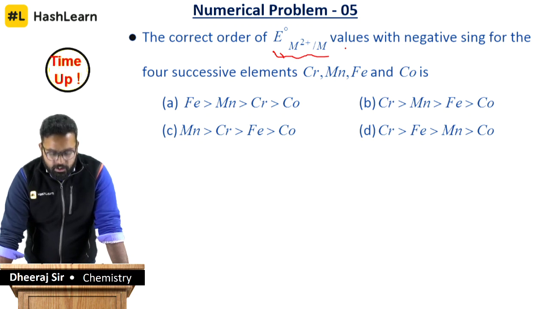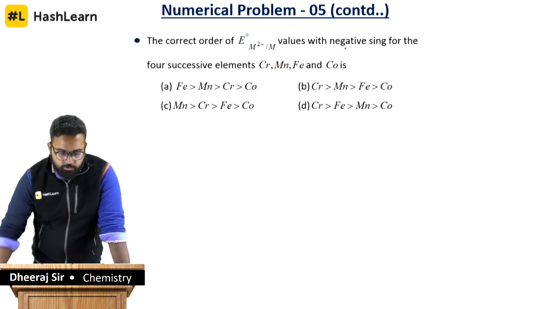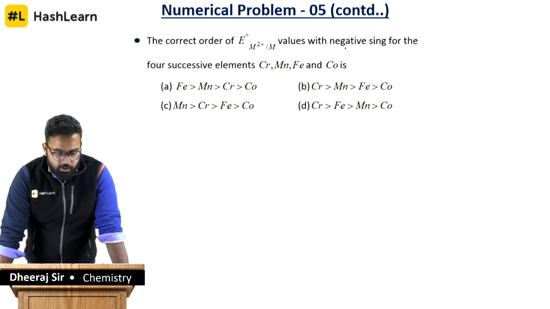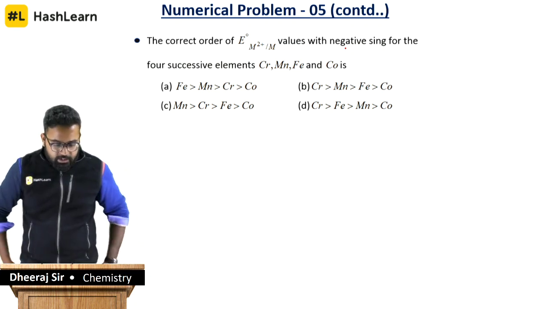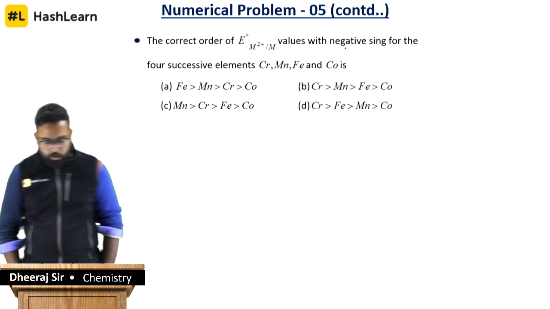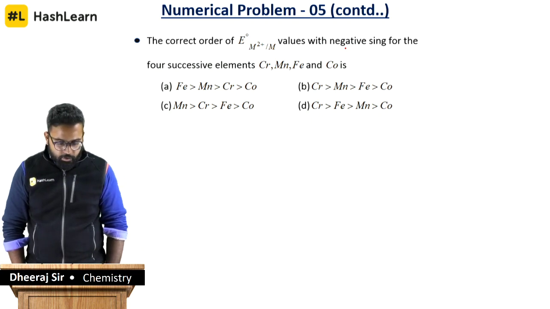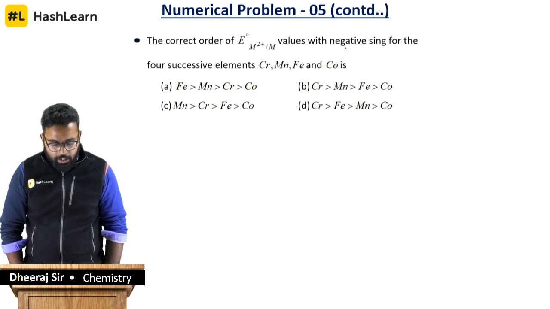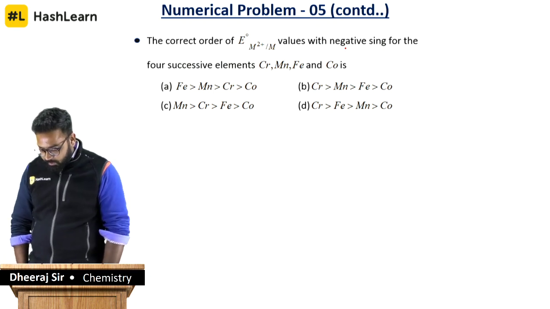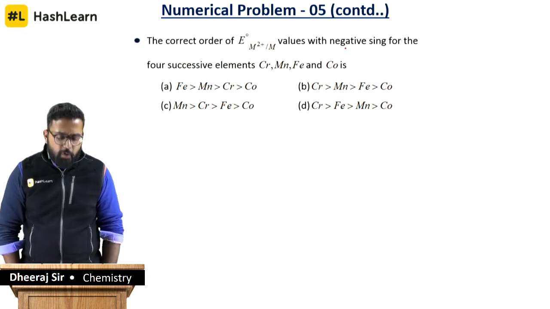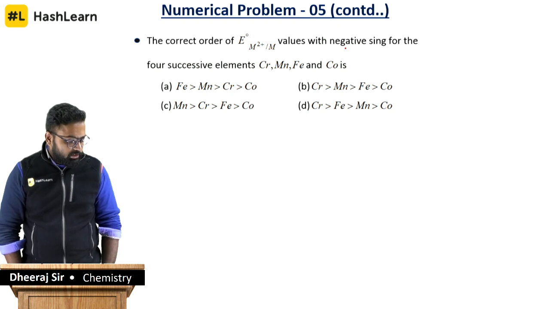The correct order of standard reduction potential values with negative sign for the four successive elements: chromium, manganese, iron, and cobalt. What is it going to be? The moment you remember the values approximately, you can give us an answer.